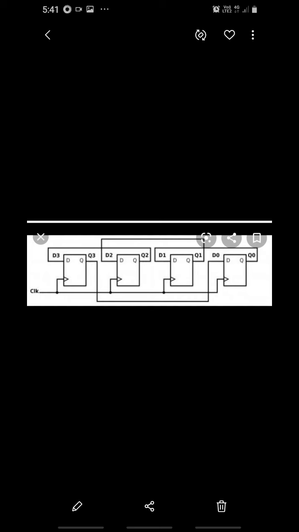The Q3 output of the last flip-flop is connected to the D2 input of the third flip-flop.